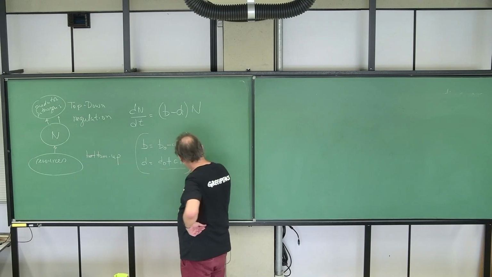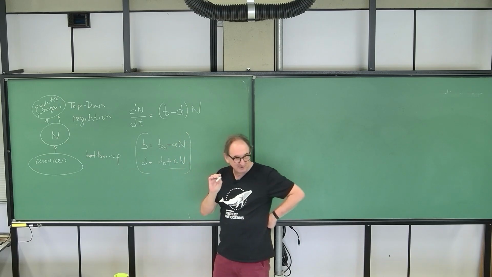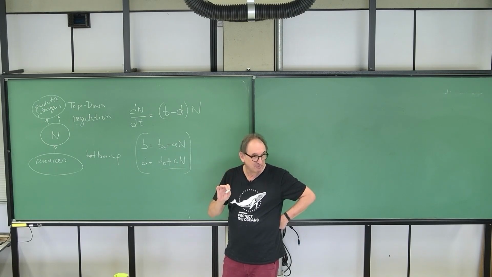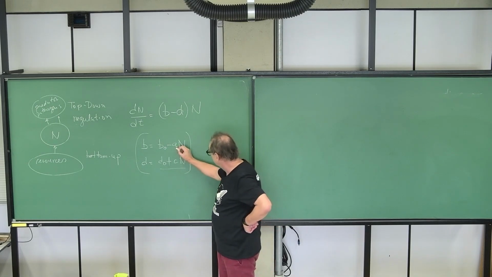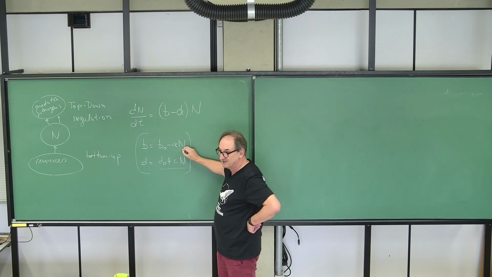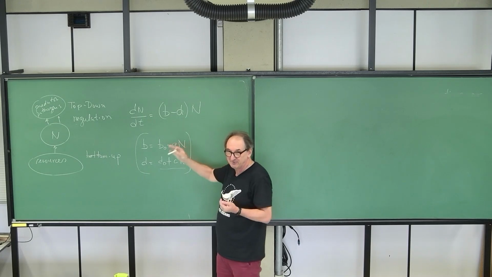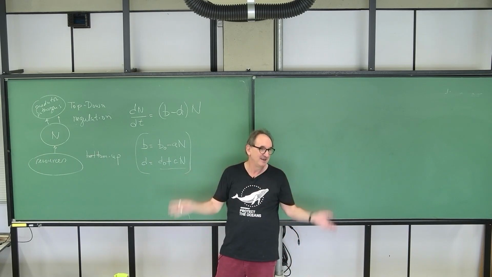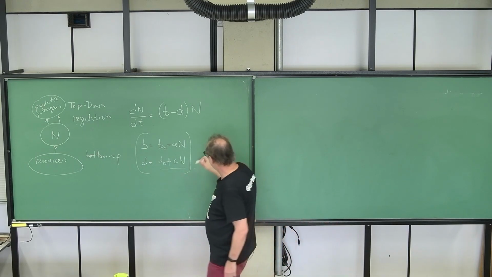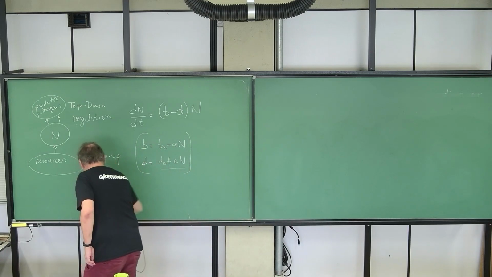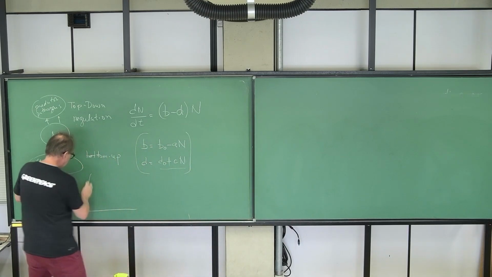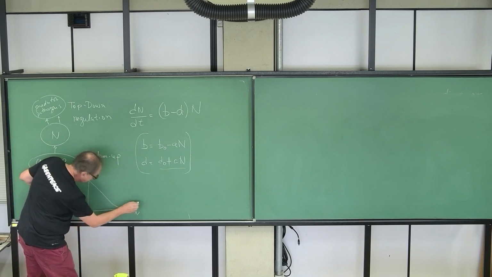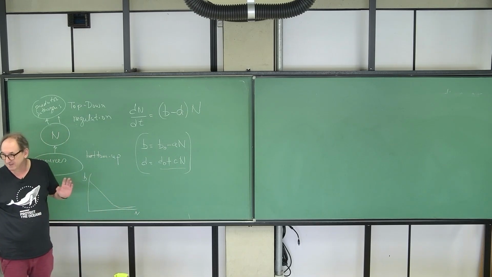If you are mathematically minded, you could have an objection here, which is correct, but we won't discuss this: the birth rate could be negative if N is large. And then a negative birth rate is just a death rate. There's no birth anymore, and that messes up everything. What you actually expect for the birth rate is something that goes like this, and then it goes like this. It cannot be negative.